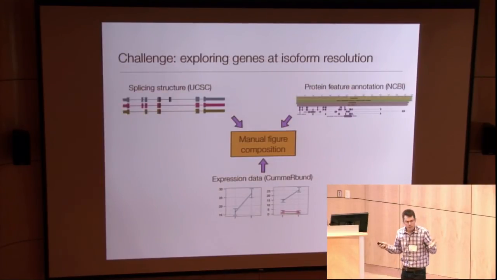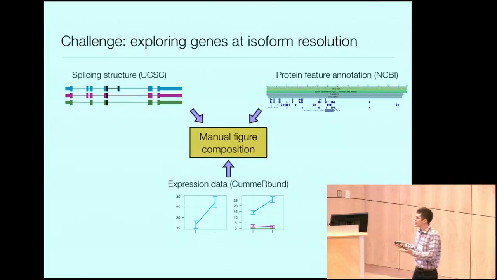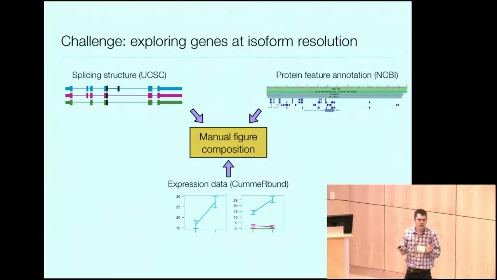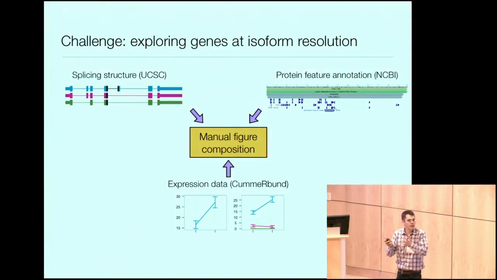So the challenge that I think is the main challenge we face when we're looking at this type of regulation is that we need to incorporate splicing structure from one database, say UCSC, with protein-level feature annotation from other places like PDB or PFAM or NCBI directly. And then, of course, we need to overlay expression data at the isoform level into single figures and visualizations.